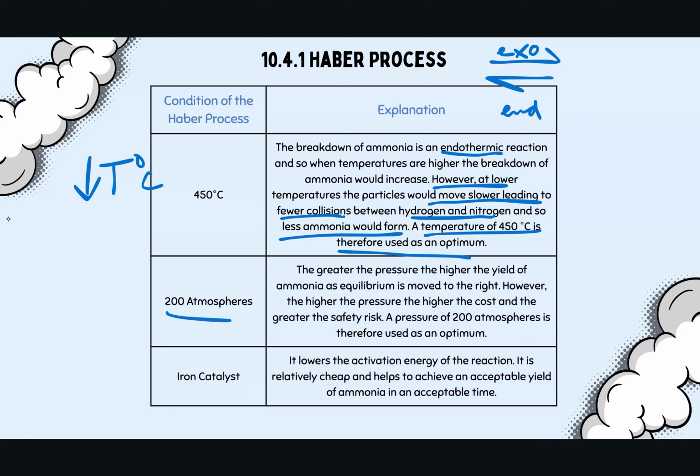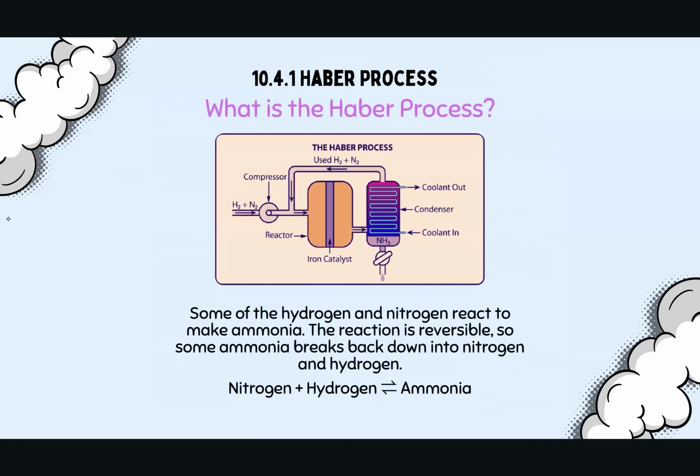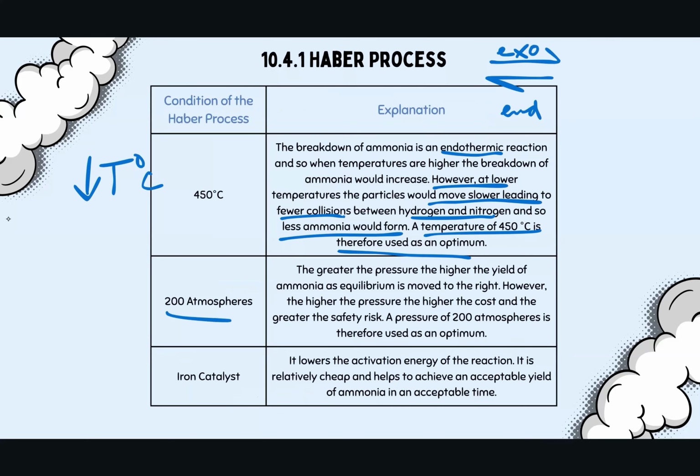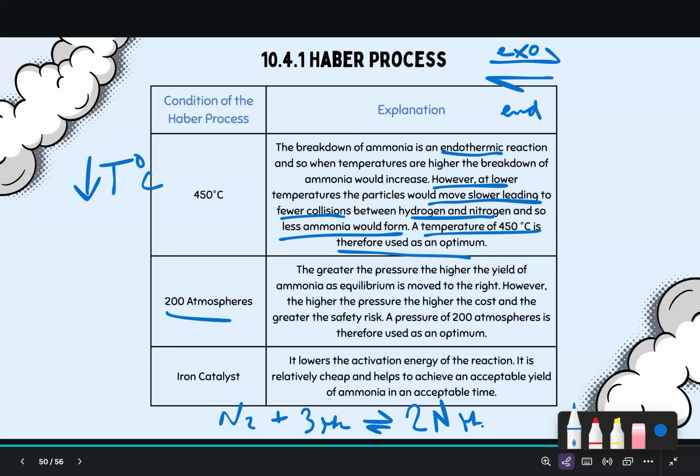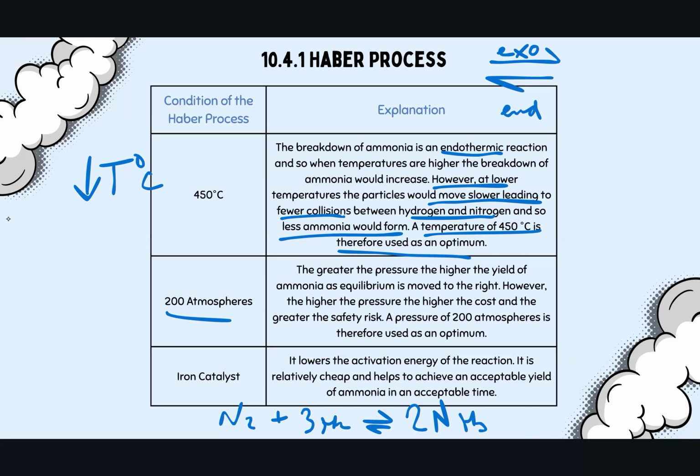Now 200 atmospheres. Let's write the reaction out again. We've got nitrogen plus 3H2 becomes 2NH3. It means the forward reaction prefers higher pressure, because you've got 4 molecules on the left-hand side, 2 on the right-hand side.